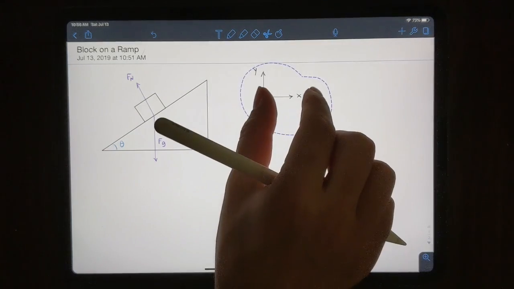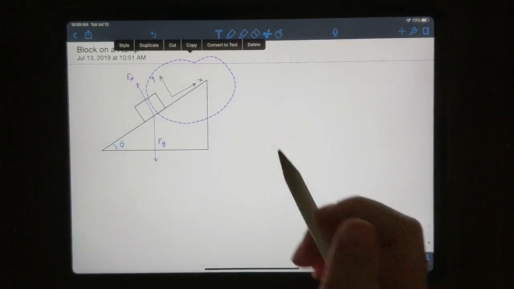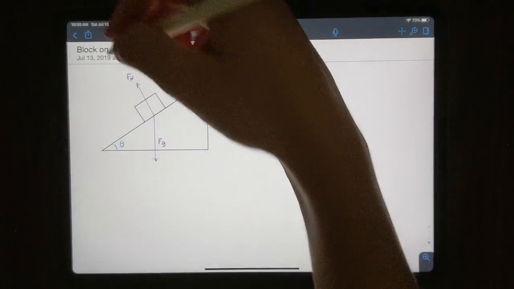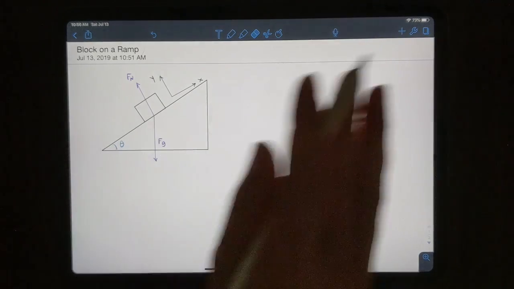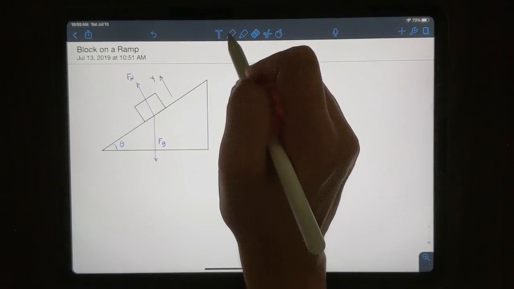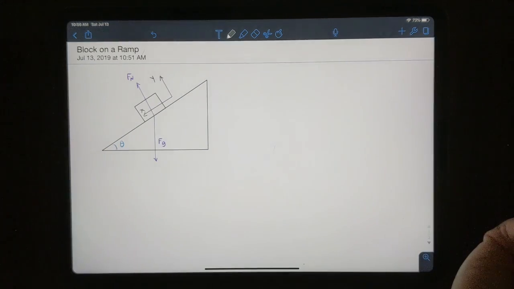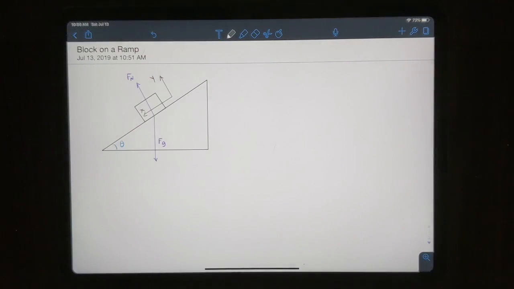Instead, we'd like to tilt our coordinate system so that the y direction is lined up with the normal force, and the x direction, instead of being lined up with the ramp, is positive going down the ramp. Cool. So now our Cartesian coordinate system, instead of being up and to the right, is off the face of the ramp and down the ramp.